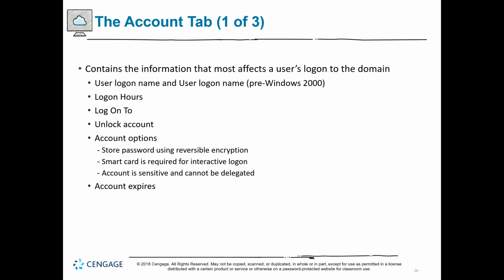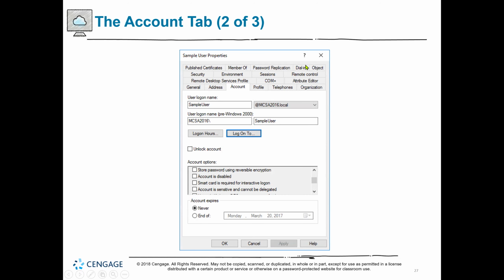This is like store password using reversible encryption, smart card required for interactive logon, account is sensitive and cannot be delegated. And then you also have a section that says when the account expires. So here's your example. You see this user logon name on the top. That's the one you would use for the current things.